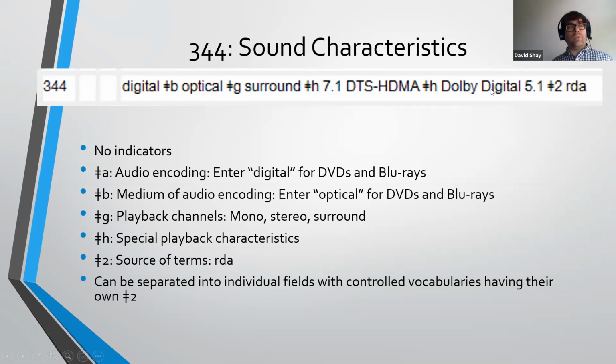OCLC, I think, increasingly wants people to separate each of the different kinds of things in 3xx fields into multiple fields, because there are multiple different kinds of controlled vocabularies that have multiple different kinds of RDA source of terms. And I'll show some of those in the next slide or two.